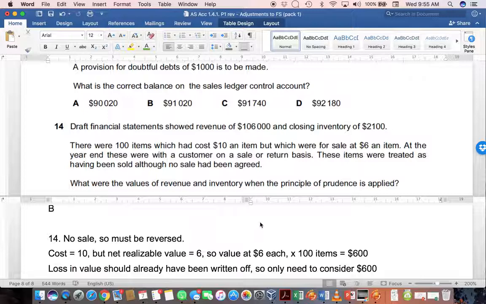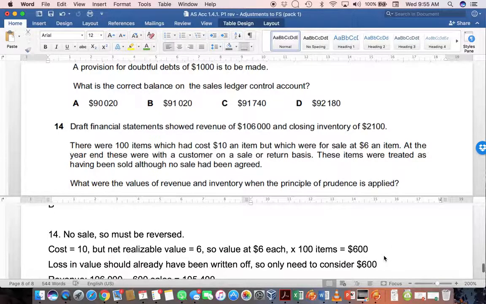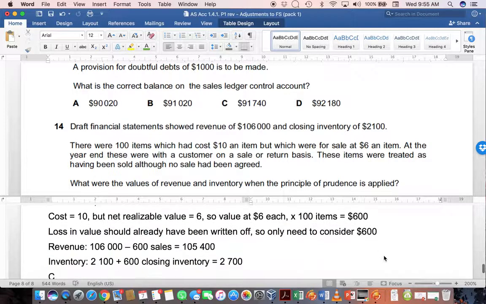What would have happened is to take your inventory and make it into 600. You could just reduce your stock by 400, and if you wanted, you could show it as a loss due to obsolescence. Alternatively, you just use it as part of your closing stock in your cost of sales calculation, and then it just automatically works out for itself. So we only need to worry about the $600.